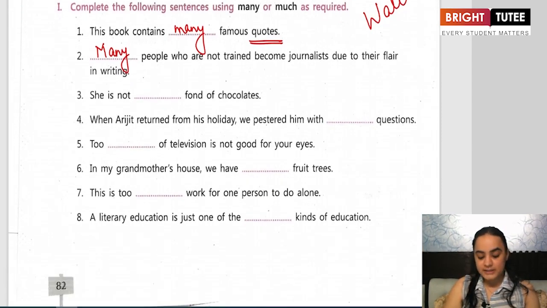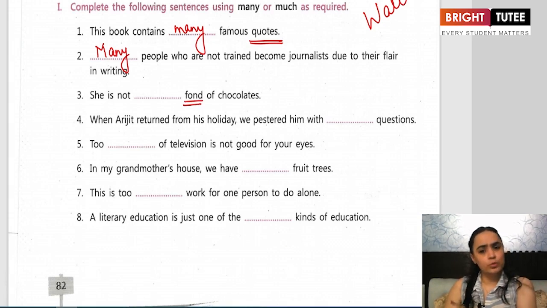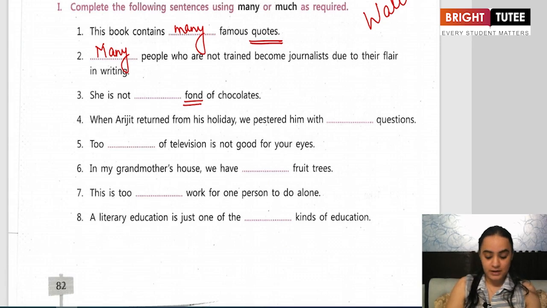She is not dash fond of chocolates. Now I am talking about fondness. Fondness means likeness. Can I measure likeness? Is there a plural of this, likeness, fondness? No. So there is not much.